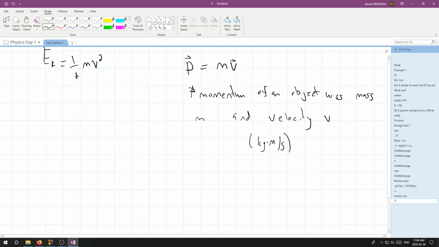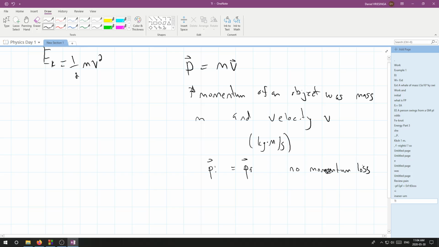What we're going to see later is that the initial momentum of any system is always equal to the final momentum of any system. There is no such thing as momentum loss. Conservation of momentum.